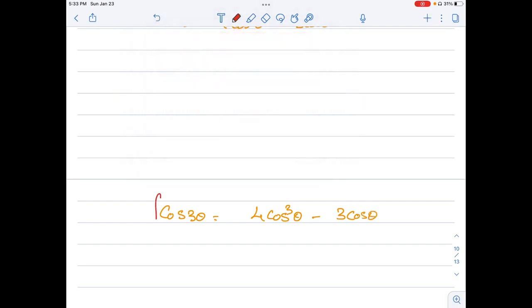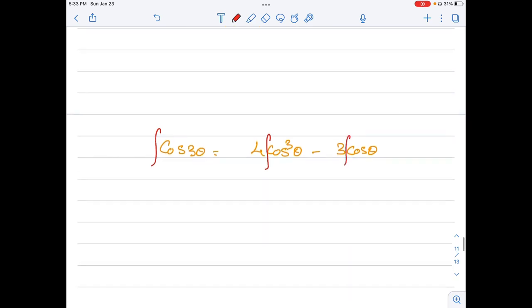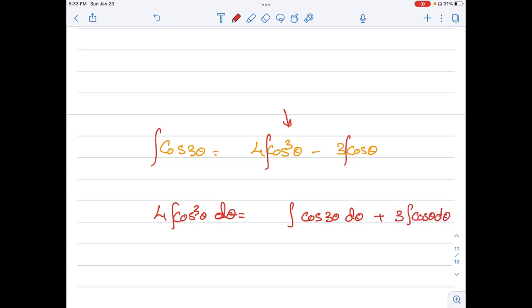I am going to apply integral on both sides. So I want to make cos cube theta the subject. So 4 cos cube theta integral d theta will be equal to integral of cos 3 theta d theta plus 3 integral of cos theta d theta.